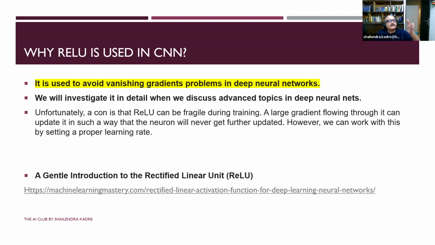While doing backpropagation, your gradient will become 0, or so small that weight updation will not take place. At the 10th layer, your gradient will become either 0 or very small, like 0.000001. So your weights will not get updated at all.